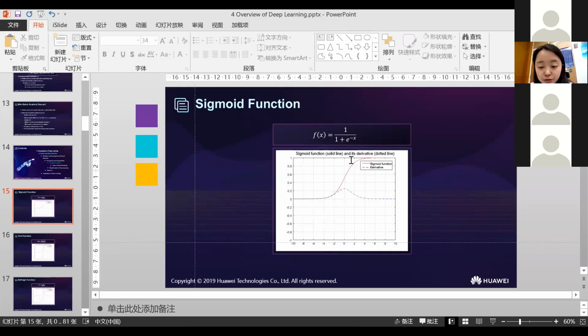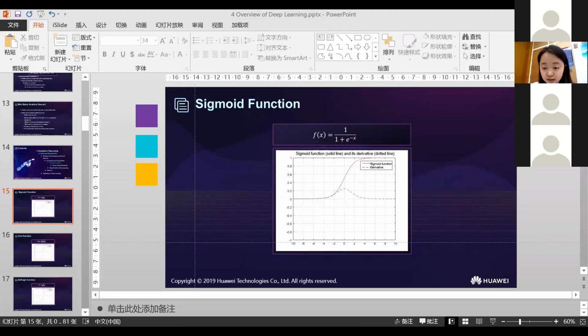And you can have a look at this derivative of the sigmoid function. So when the value of the input is larger than 2 or smaller than -2, the derivative of this sigmoid function will be very, very close to 0.